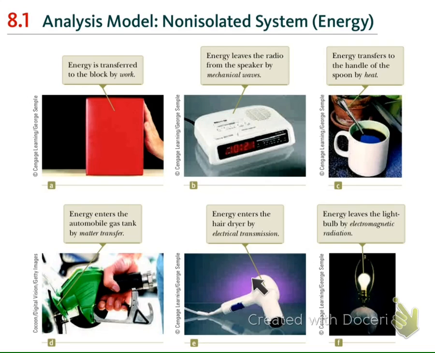Here for the dryer, the electrical energy enters from the cord to the dryer, and the dryer changes the form of the energy to the heat and transfers it through the air. So you can see the energy transfer and energy change.